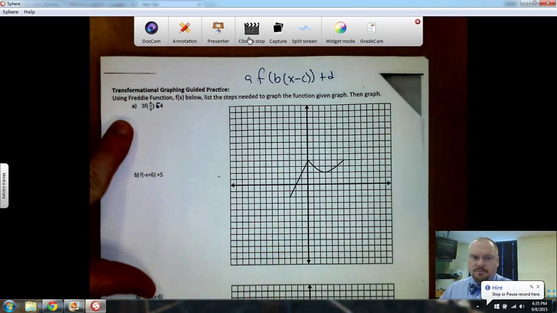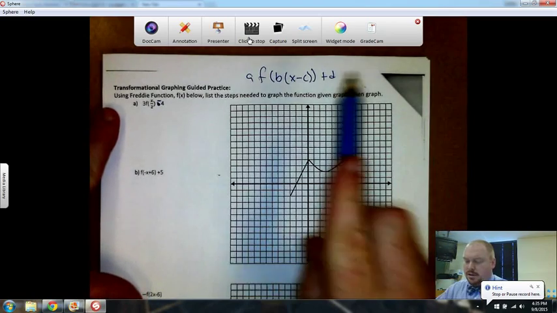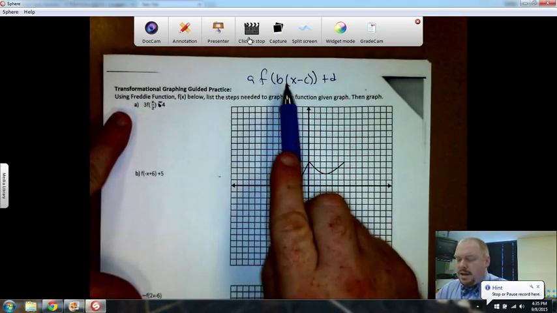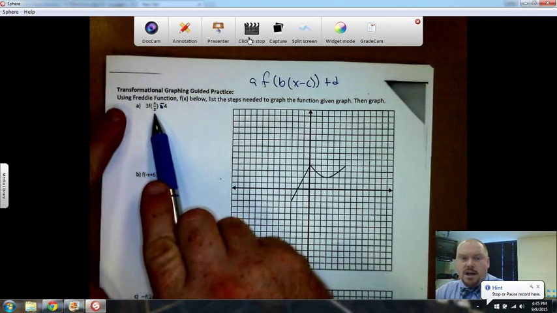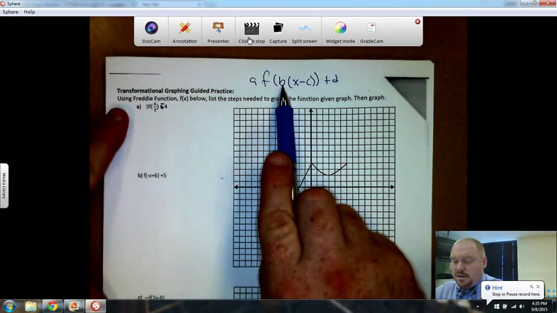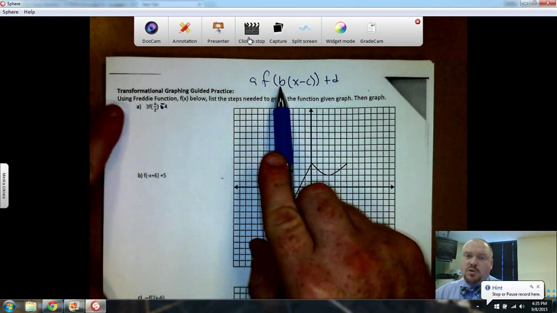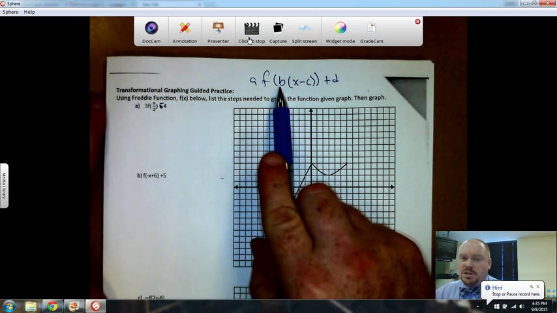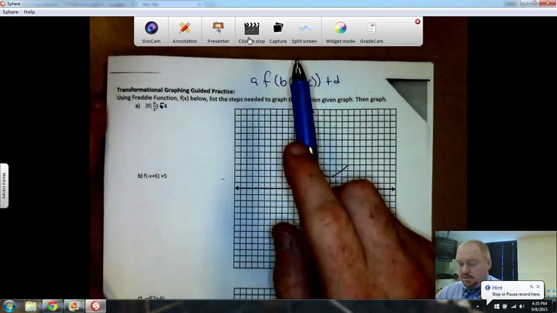Okay? So now, what I'm going to do first is take care of what's being multiplied inside parentheses. Inside here, I'm having 1/2 be multiplied. Remember that B controls a horizontal stretch or compression, and it's always the reciprocal of whatever's multiplying x, or the group.